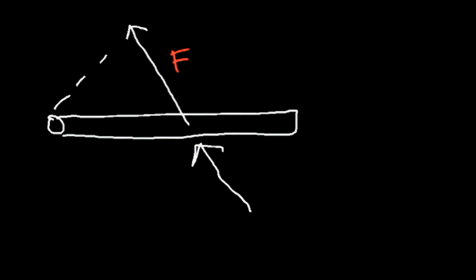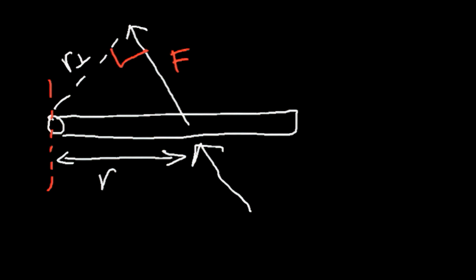The moment arm is perpendicular to the line of action. So this is the moment arm. And r is the distance between where you apply the force and the axis of rotation. So in this case, we said r is 5.